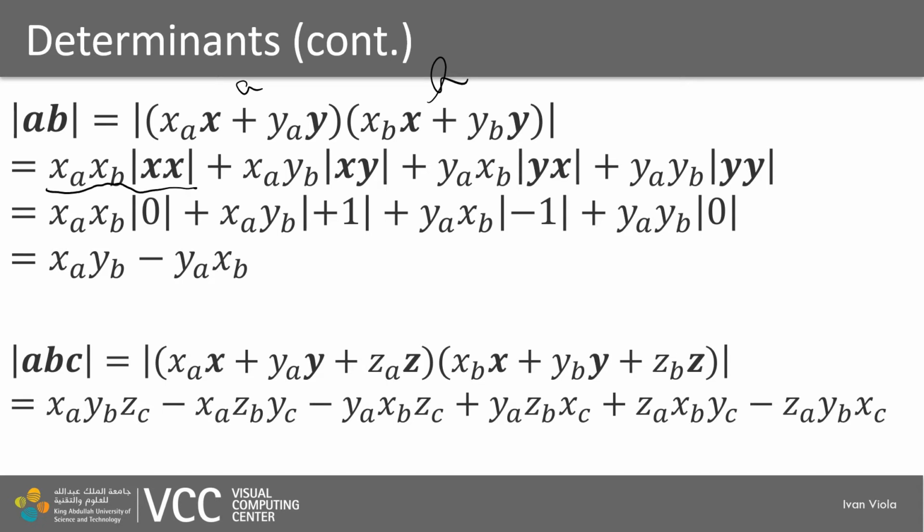And here in this 2D case, we will end up with a determinant for this vector of x and x.